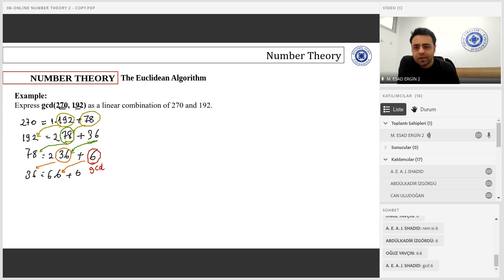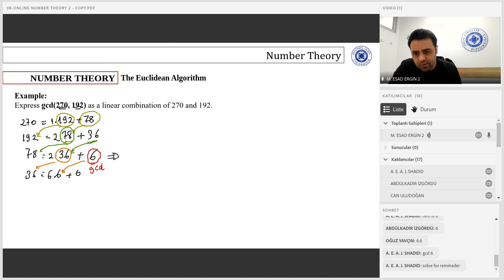Okay, just to be clear again. So here, what we are going to do, as we did before, we are trying to just keep the remainder on the left side.